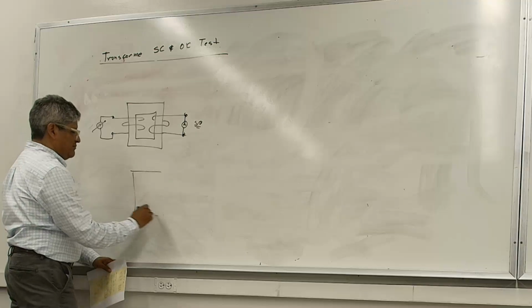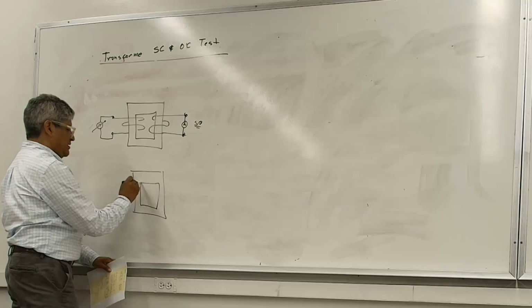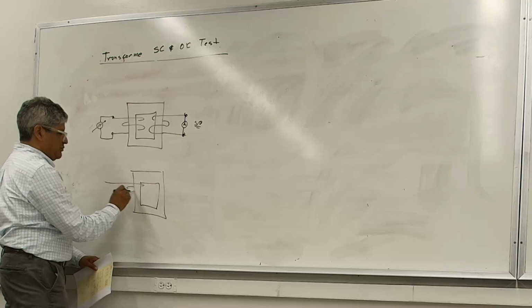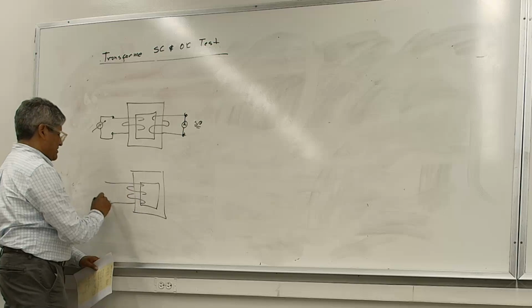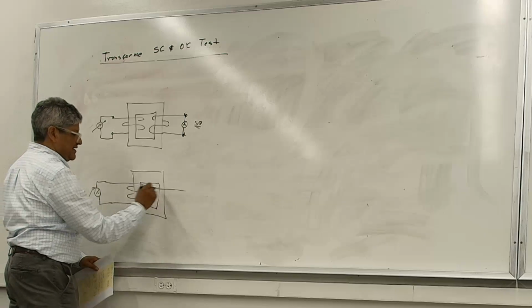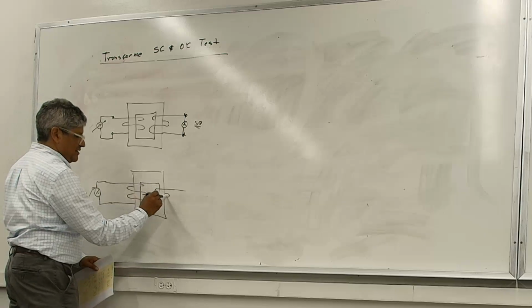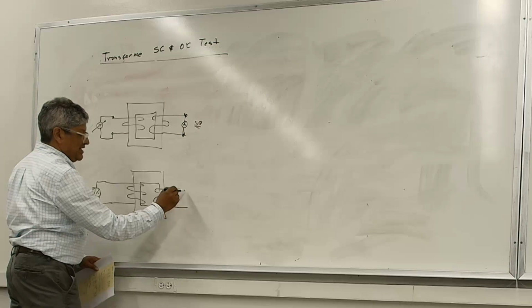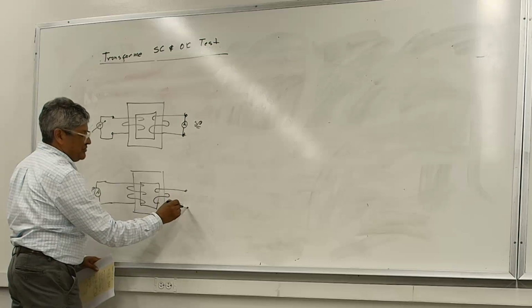Similarly, you take the same transformer with a variable source, and I'm going to put it on this side. The second connection is the same, except that in this case I do what I call an open circuit test.